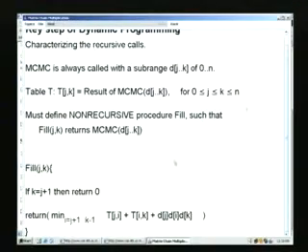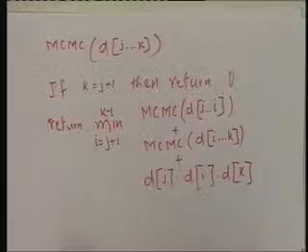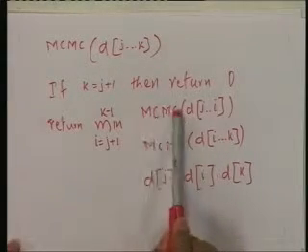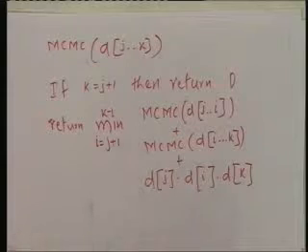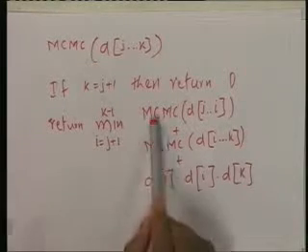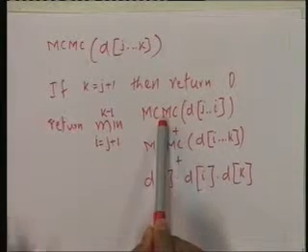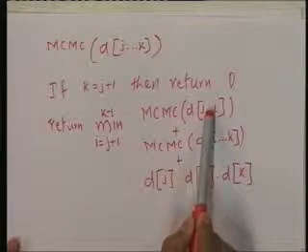So, here is what fill in fact does. Okay. So, fill is going to do exactly this. However, fill is not really allowed to reference MCMC, and in fact, fill does not need to reference MCMC. So, when it wants to compute MCMC of d j i, fill knows that this is going to be stored in t j i.